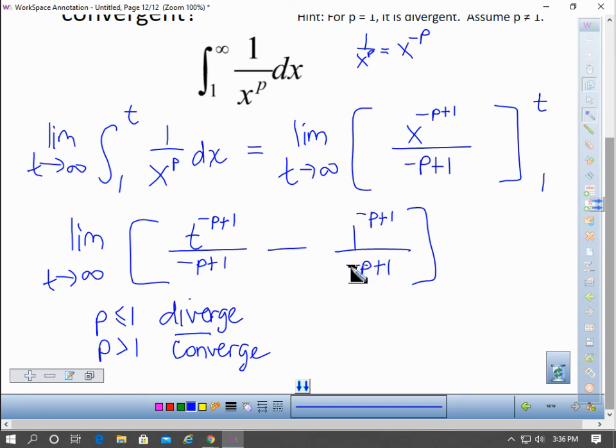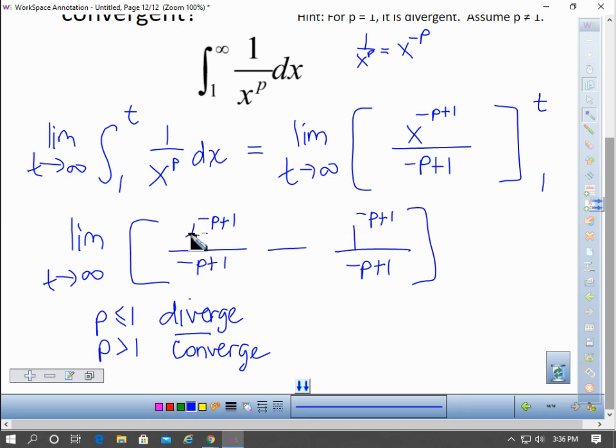If I put a negative 3 here, that's going to give me 1 to the 4th power, and down here, putting negative 3 is going to give me a 4. So I'm going to have 1/4. I'm going to get a numerical answer on this piece every time.